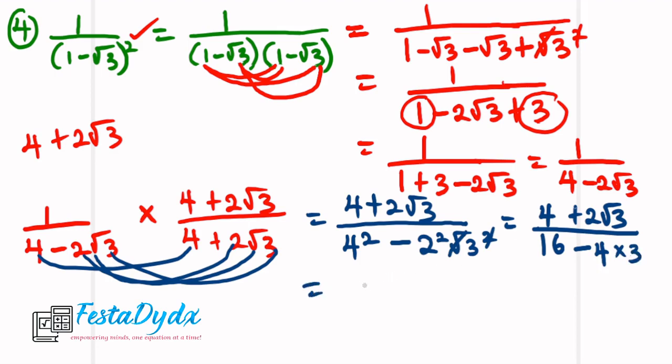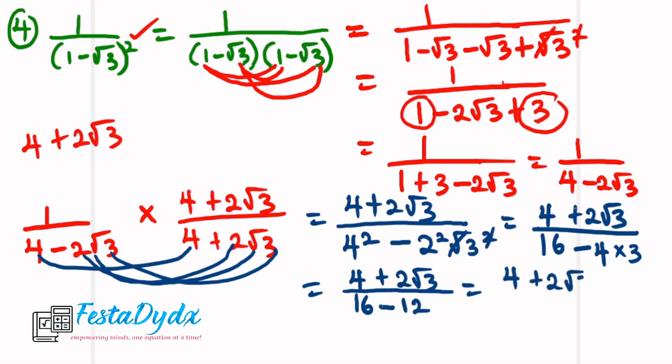So this is equal to 4 plus 2 root 3 all over 16 minus 4 times 3, which is 12. So our answer is 4 plus 2 root 3 all over 16 minus 12, which is going to give us 4.